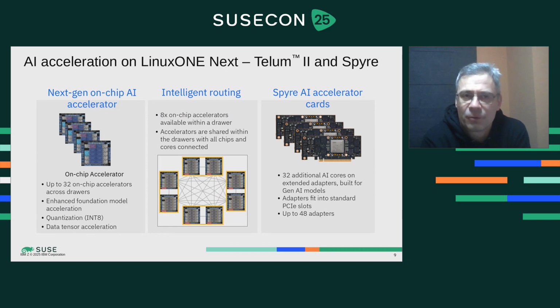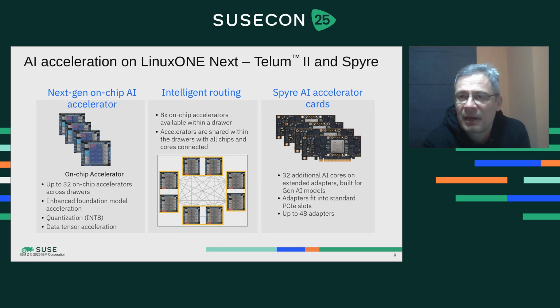But there's more, of course. With the next generation, which we announced last year at the Hot Chips event, we have the Telum 2 processor, with a new AI unit getting ready for release, as well as a Spyre hardware accelerator card. We'll take a look at the Telum 2 processor and the intelligent routing, or remote AI as we call it, on the next page.